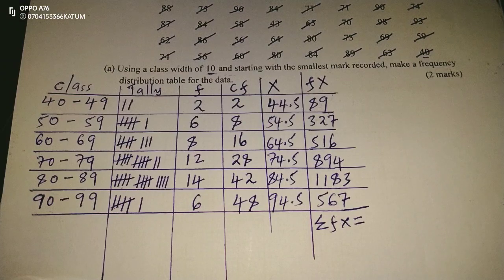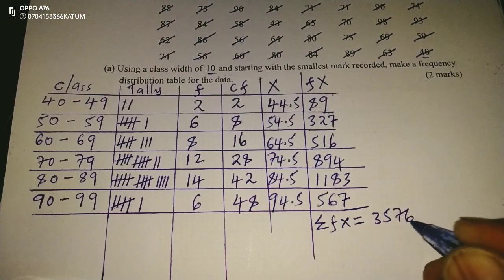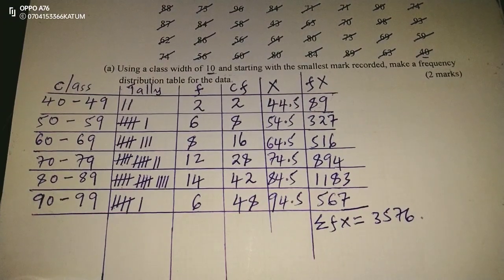Summation of fx. This is going to be 89 plus 327 plus 516 plus 894 plus 1183 plus 567. This is going to be 3576.